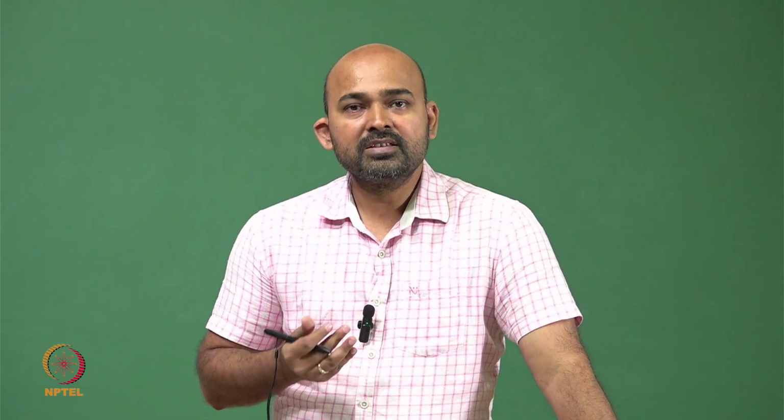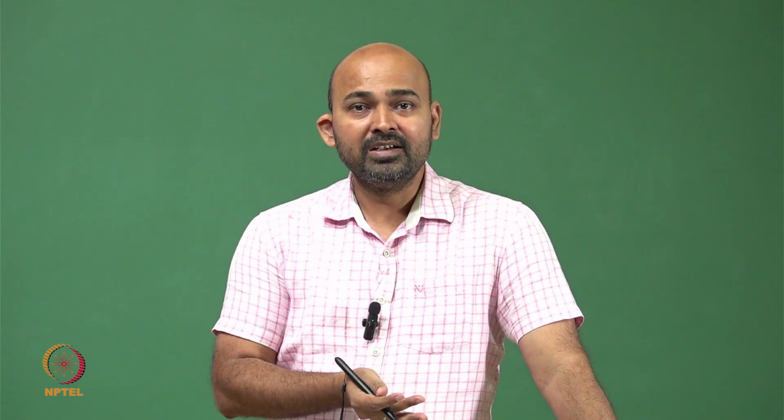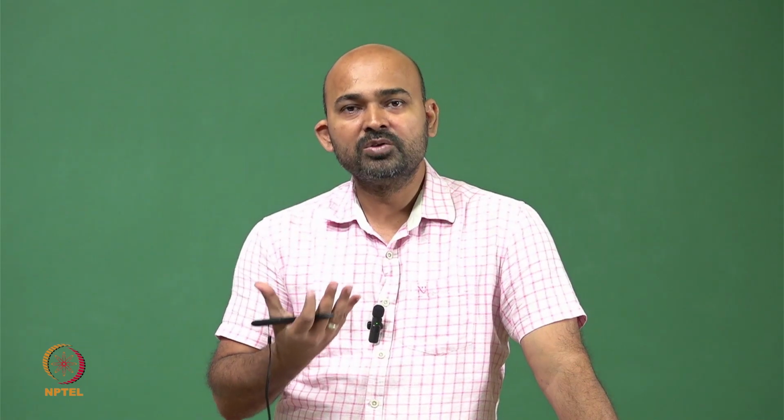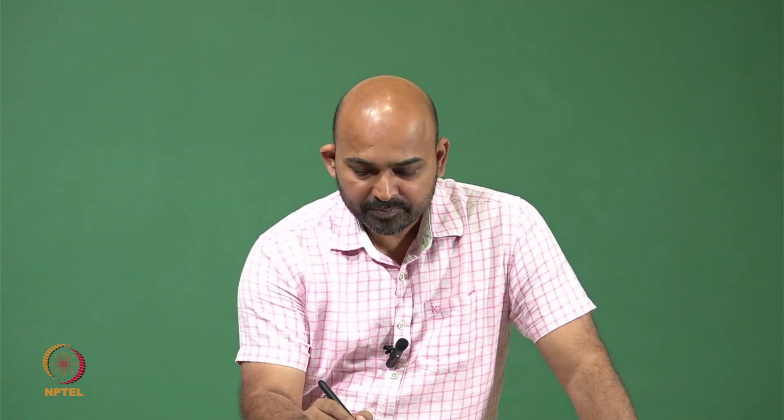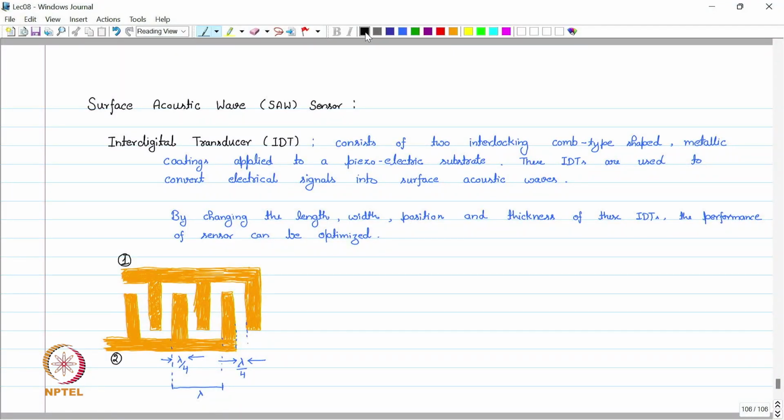So to make a SAW sensor, we need to use 2 units of this IDT structure on top of a piezoelectric material. So practically we have a surface acoustic wave sensor like this. We have a piezoelectric substrate. This is our piezoelectric material.